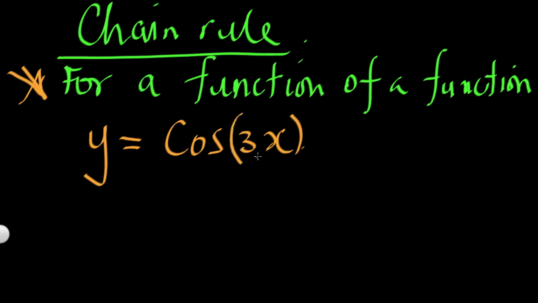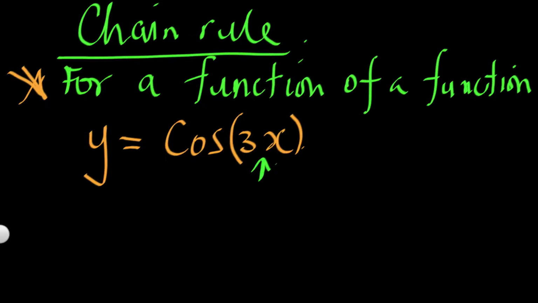Let me put brackets here. The function here is a cosine function. This is a trig function. However, there is another function also. 3x is a function here. So the cosine function is there. It has another function involved. This is what we mean by a function of a function. So this is one example.